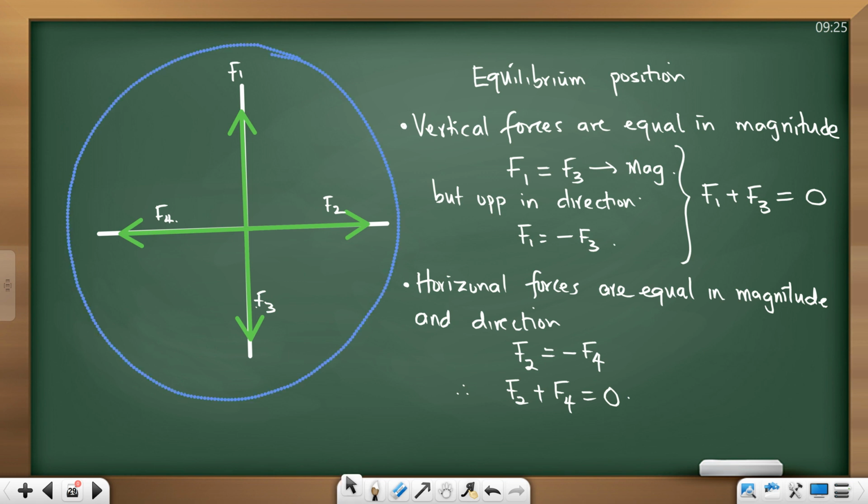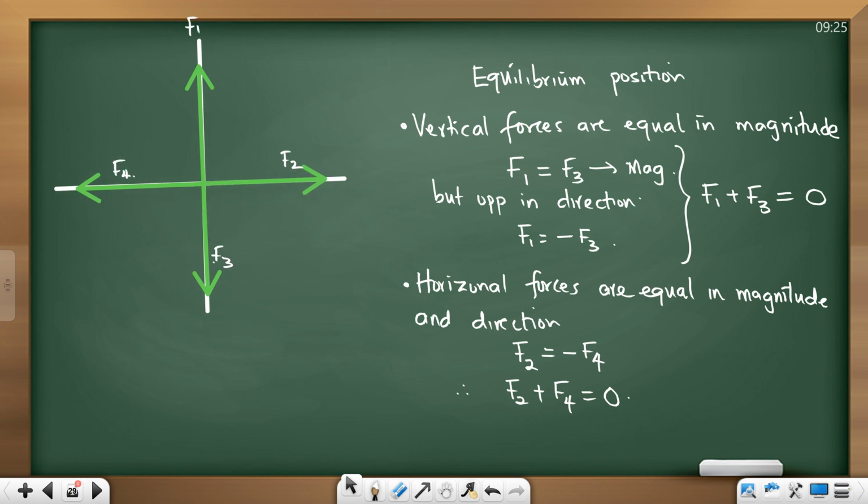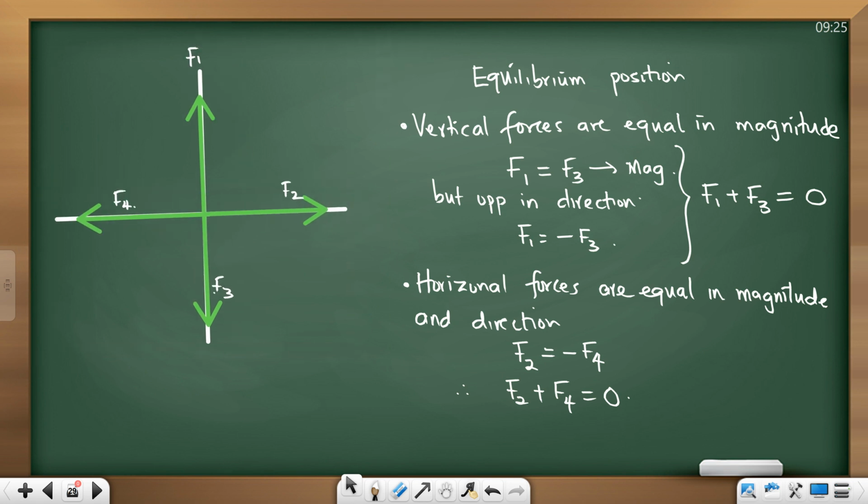I'm going to just squeeze an important diagram here. So just find space.